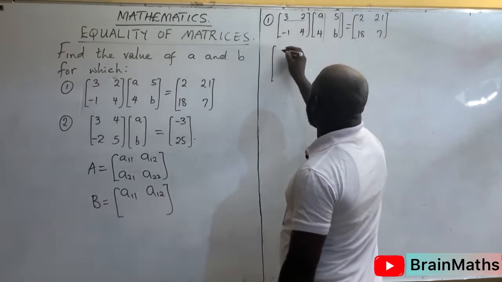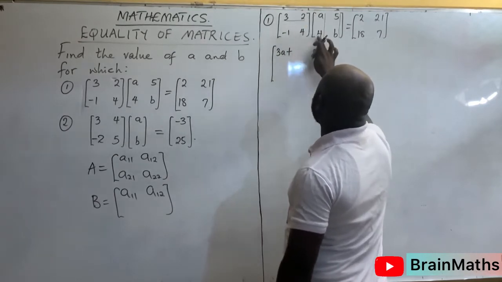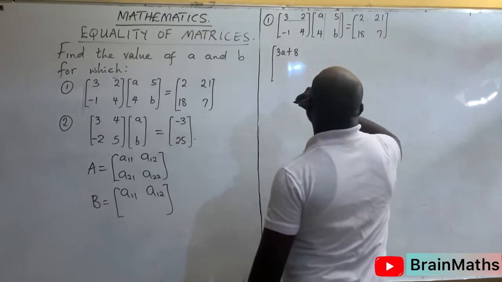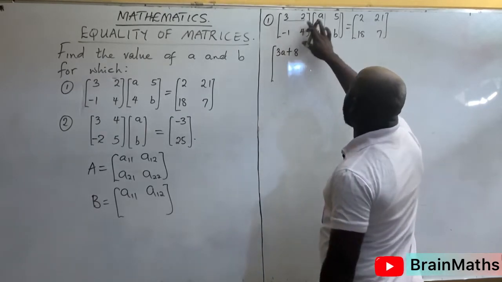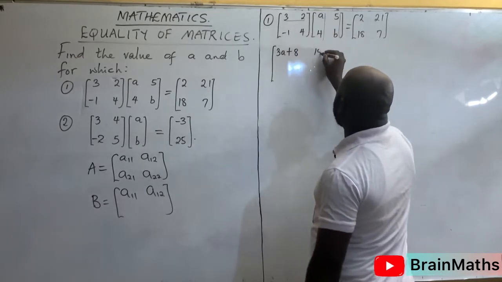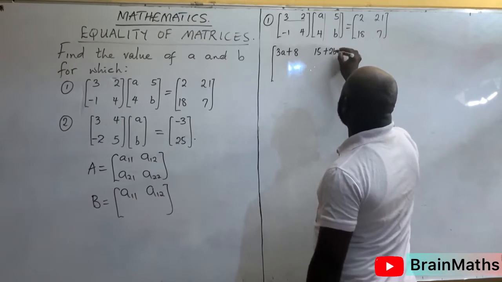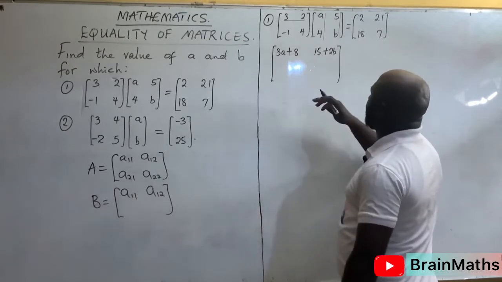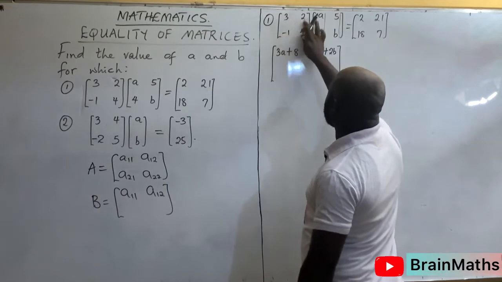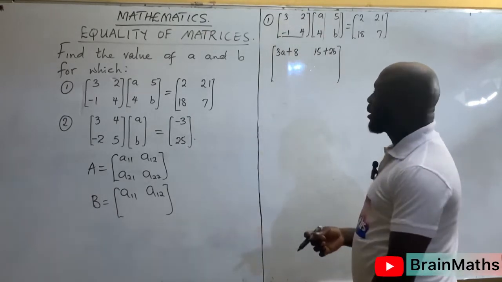3 times A will give us 3A plus 2 times 4, that is 8. Also, we use the same numbers to multiply the second column: 3 times 5, 15, plus 2 times B, 2B. Then you come down, take the second row to multiply the first column and the second column.